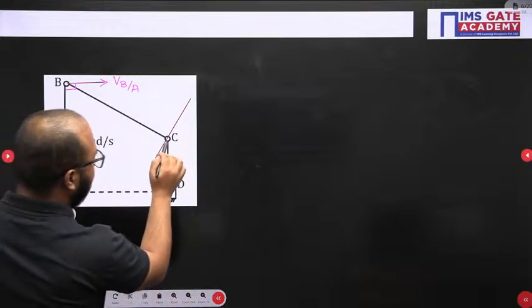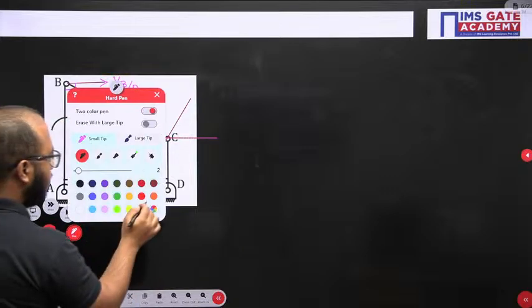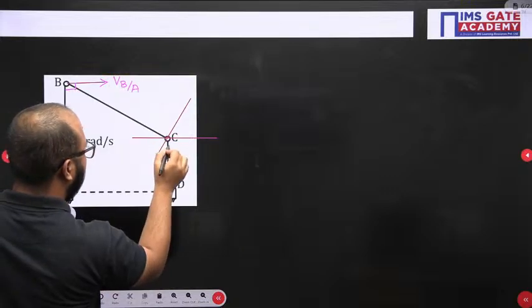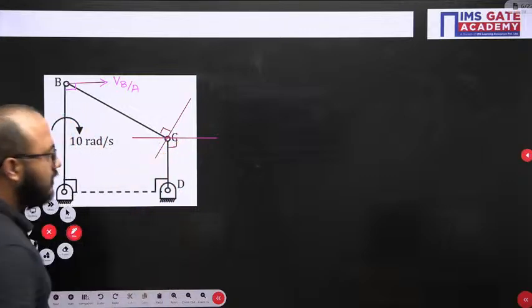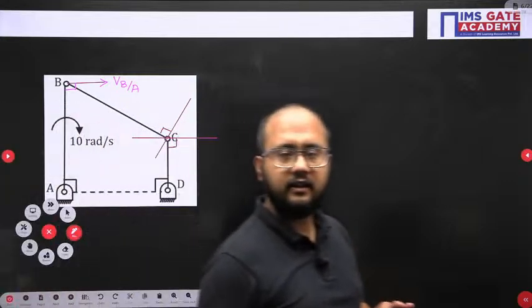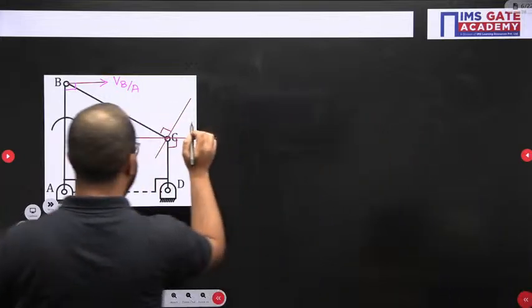And the velocity vector of C with respect to D will be like this. Simple logic that you need to understand: it is perpendicular to this one and it is perpendicular to this one. Right? So all the velocity vectors I have drawn. Let me write down the names also.